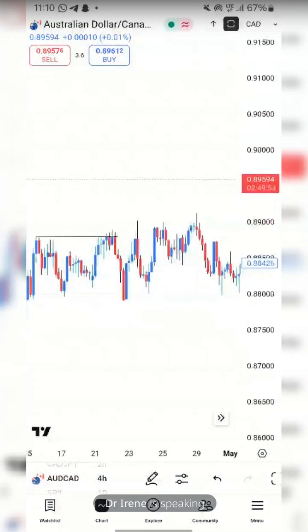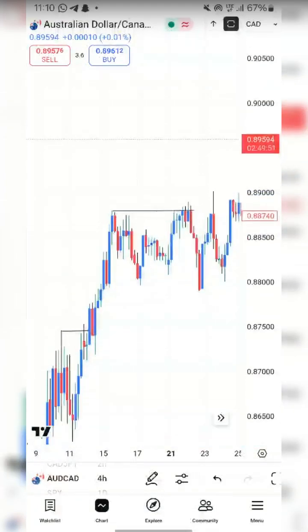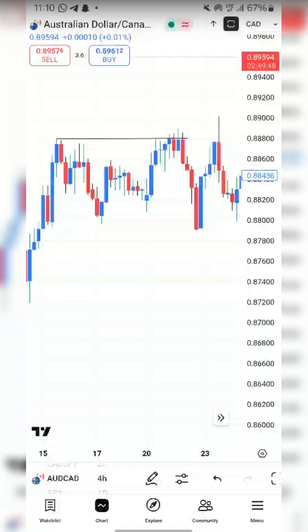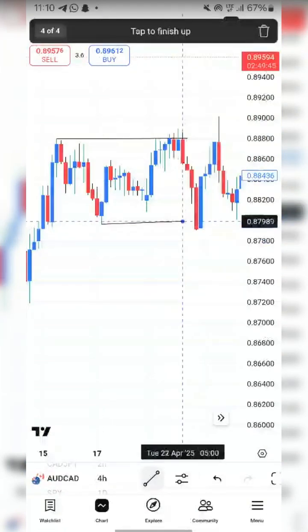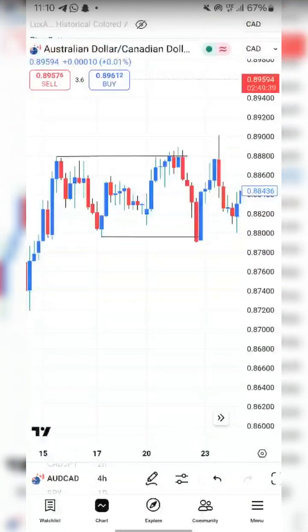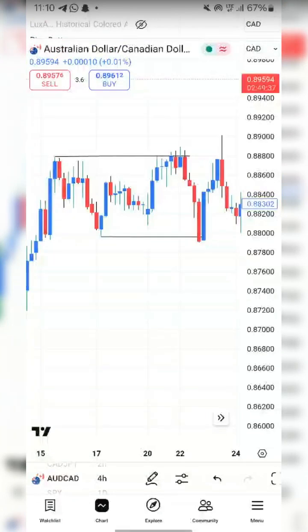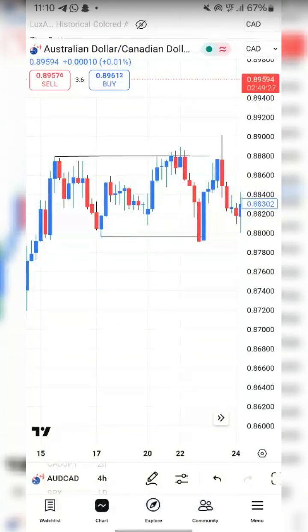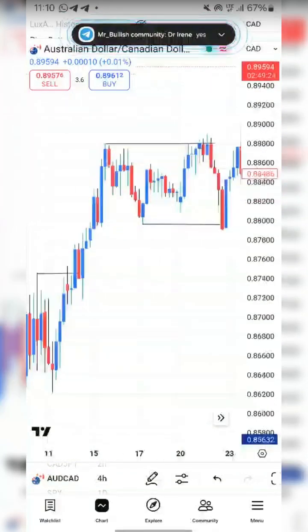Okay. So now, after that, what do we have here? We have the market breaking below to the downside, like this one. You see, with the body. It broke with the body. So this is a change of character, or market structure shift. It's not a break of structure.